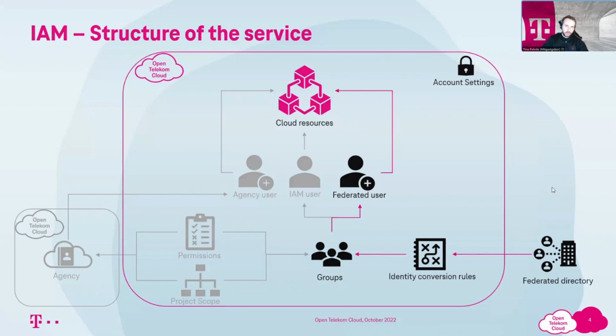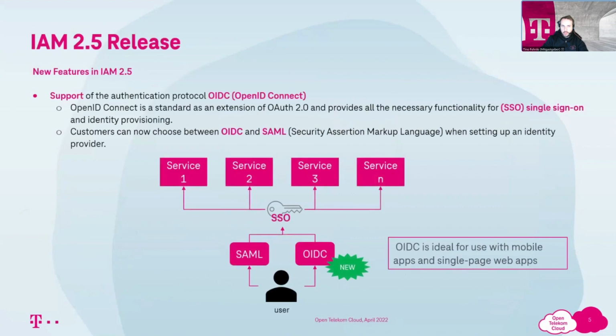Basically, this feature already exists for a protocol called SAML, Security Assertion Markup Language. This is also a standard like OpenID Connect, OIDC, where you can connect different identity providers. SAML is an older protocol for more complex enterprise environments, for example, for the Active Directory you have on premise.